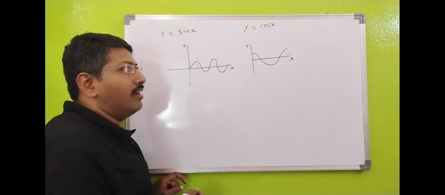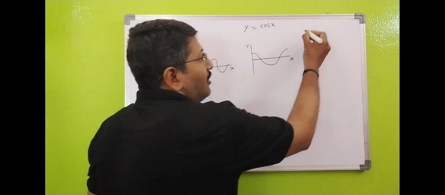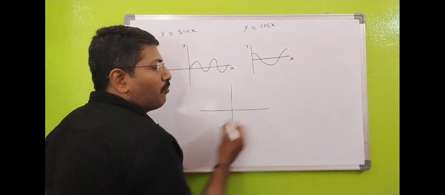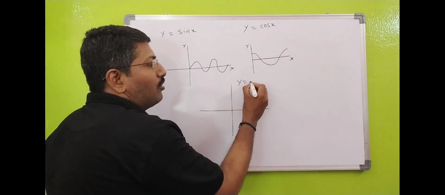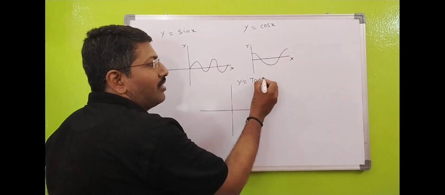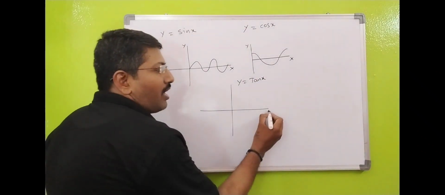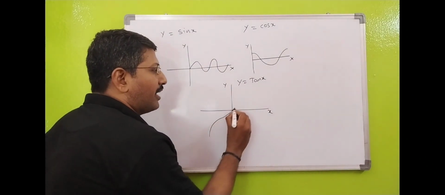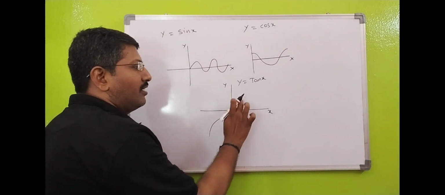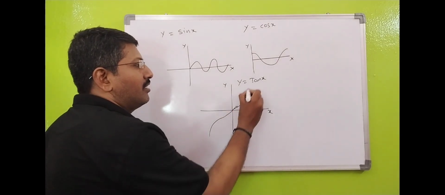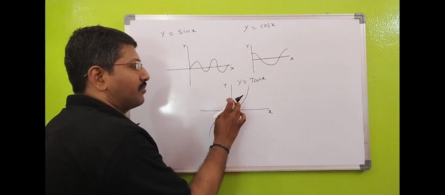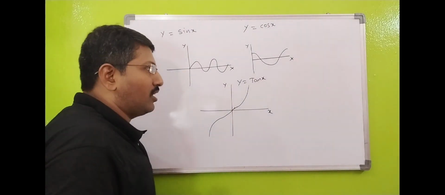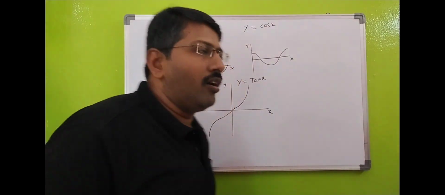Next, what about tan? This one is very dangerous. Simply observe y = tan x. On the x-axis and y-axis, the nature of the graph is represented like this one. These three graphs are important, based on the sine function, cos function, and tan function.